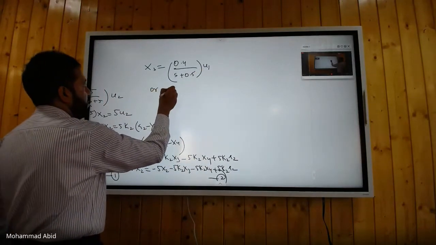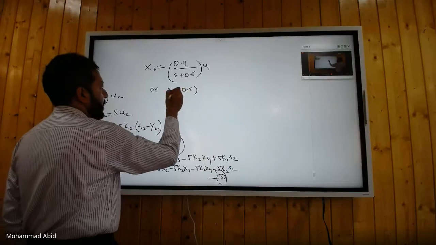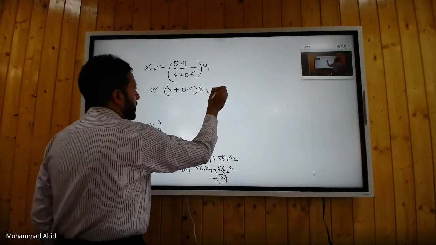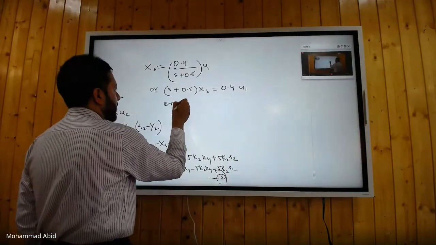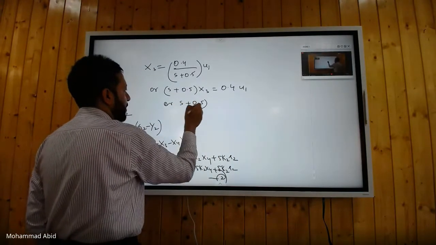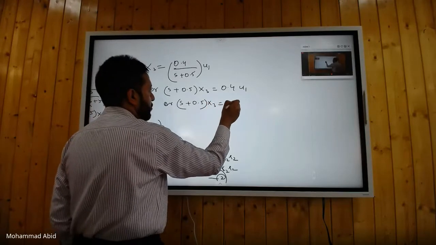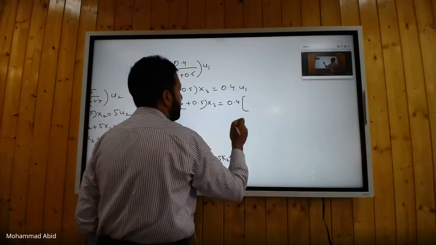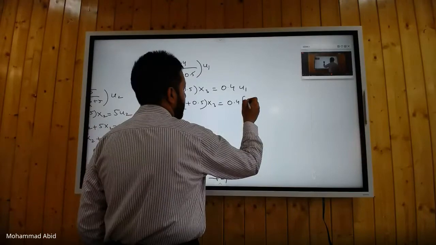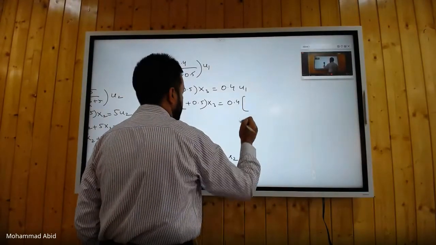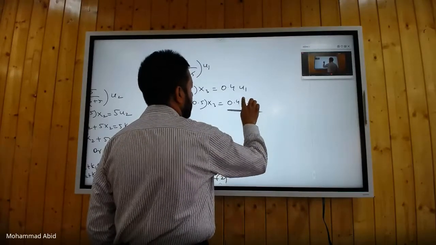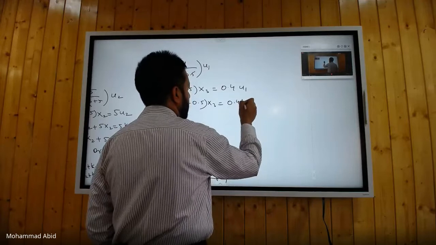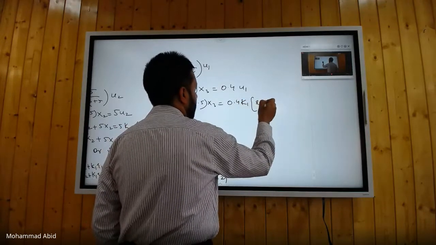Or I can write s plus 0.5 into x3 is equal to 0.4 times u1. What is u1 equal to? u1 is equal to k1 times r1 minus y1, sir. k1 we can take out, r1 minus y1.